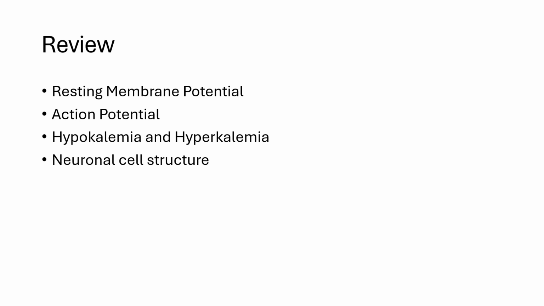Because everything we talked about with the resting membrane potential and action potential dealt with the potassium concentrations, what happens if you have too much or too little potassium? And then, of course, review the neuronal cell structure so that as we talk about the axons and the excitatory transmission down the axon, you are familiar with the parts of the neuron.